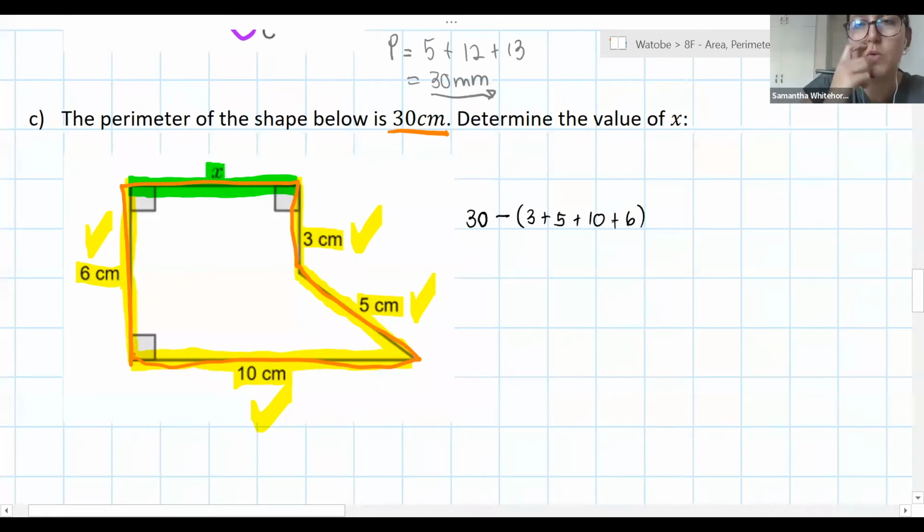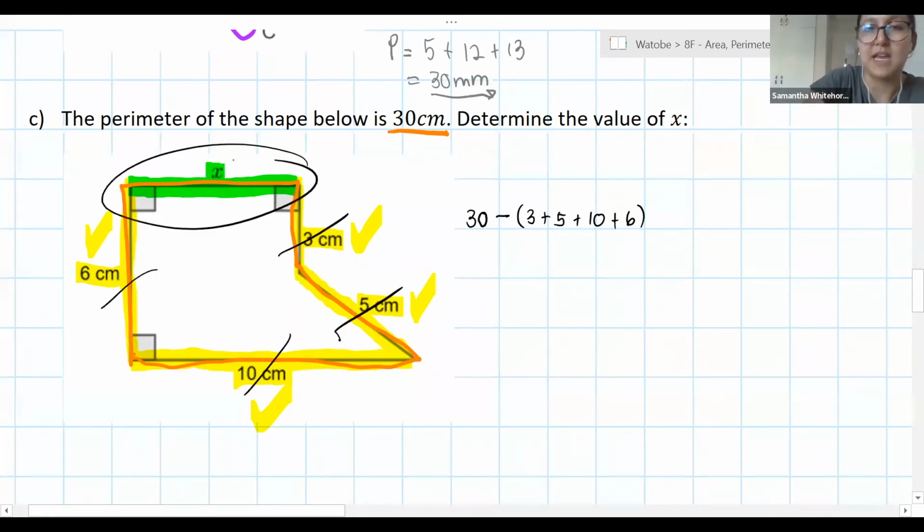Because if I take all of those lengths away, the one I'm left with is x. By adding all those sides up, I get 24. And so my x value is equal to 6 centimeters.